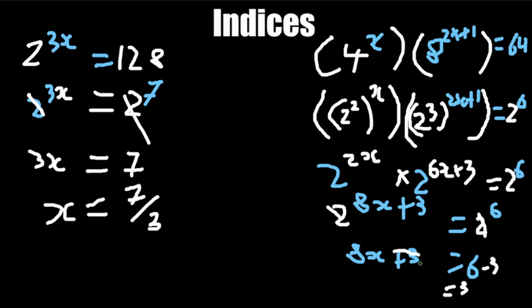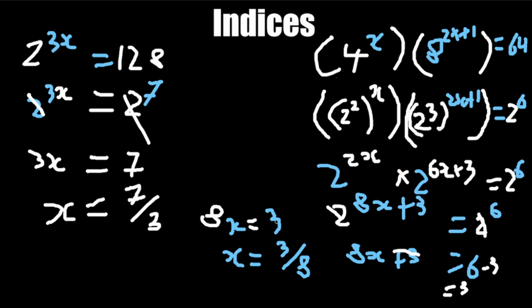Oh, it's getting a bit low on the screen. So what we have now is basically 8x equals 3. So what do we do? Once again, we're just going to be dividing both sides by 8. And therefore, x is going to be 3 over 8.